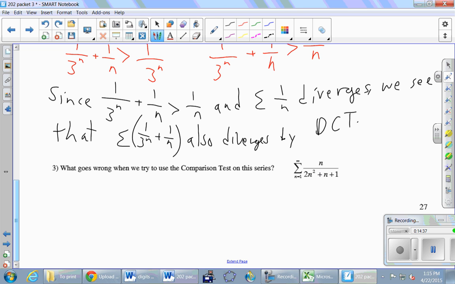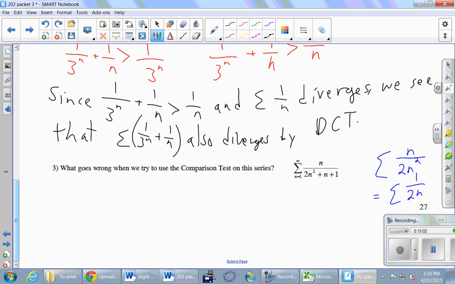The n squared is going to dominate on the bottom. So I'm not putting equals here, but I'm going to consider that this series is probably quite similar to just ignoring the n plus 1 on the bottom, that series. And this guy simplifies to 1 over 2n.